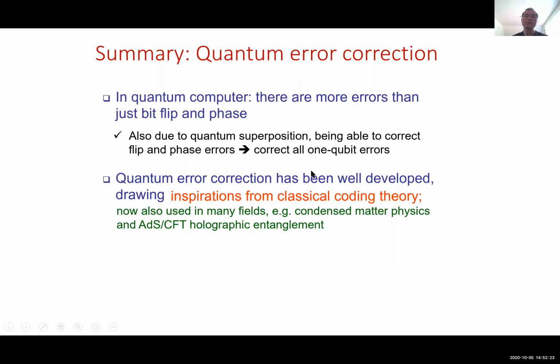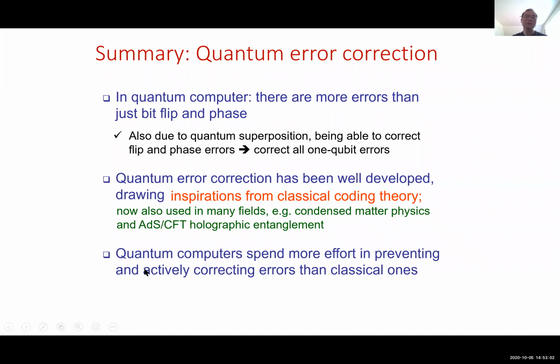There are also other new developments, and some draw inspiration from classical coding theory, and have been applied beyond quantum error correction itself to condensed matter physics, even string AdS/CFT, etc. So it's a field that's growing and has a lot of applications. And it's also related to, in particular, topological phases in condensed matter physics, which will be the subject of today.